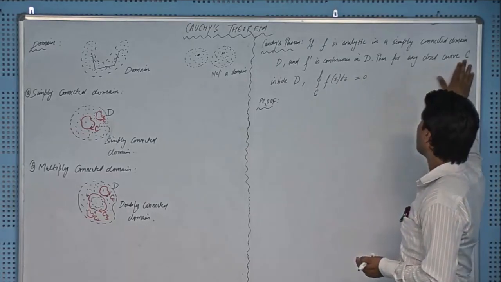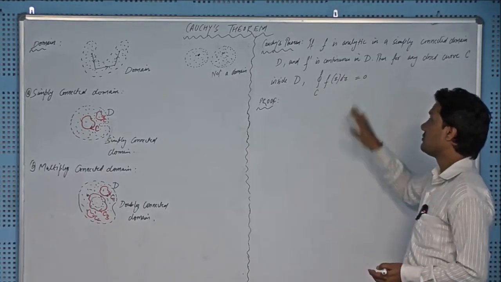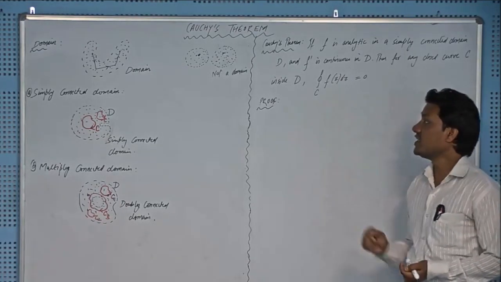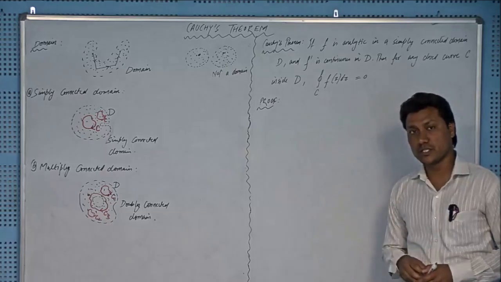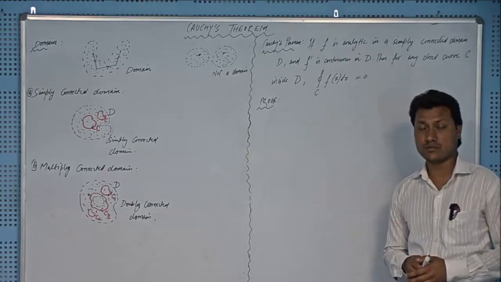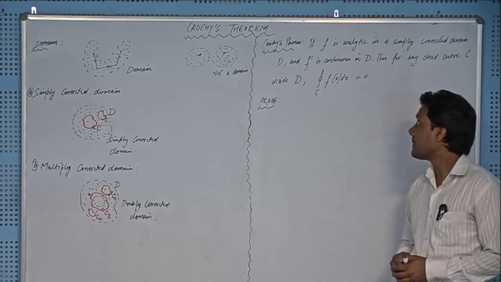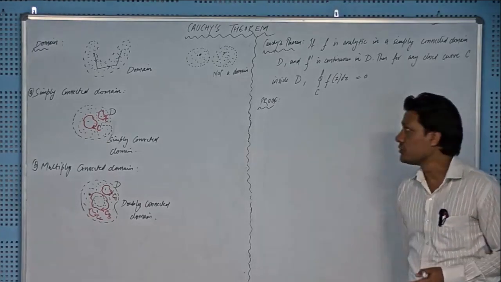And then we'll take a closed curve C inside D, and then we'll prove this result, right? Okay, but to prove this result, we need two things. First is the Cauchy-Riemann equation, and the second is Green's theorem, right, from real calculus. I will start with the Cauchy-Riemann equation first.